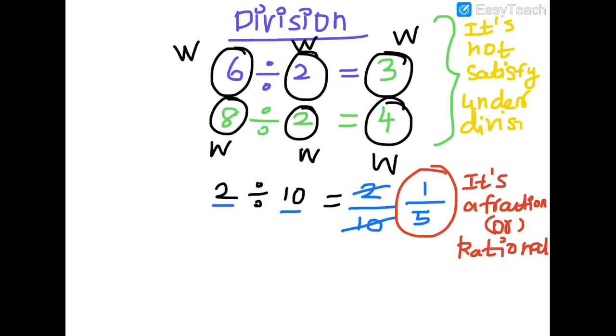Think about this one. These are some properties. One property we finished. What is that property? The closure property we finished. Next, what is the next property?